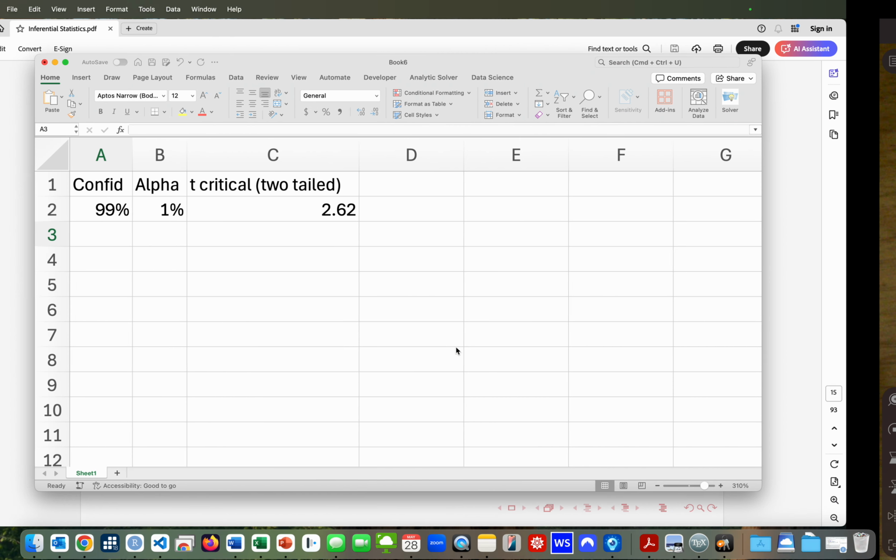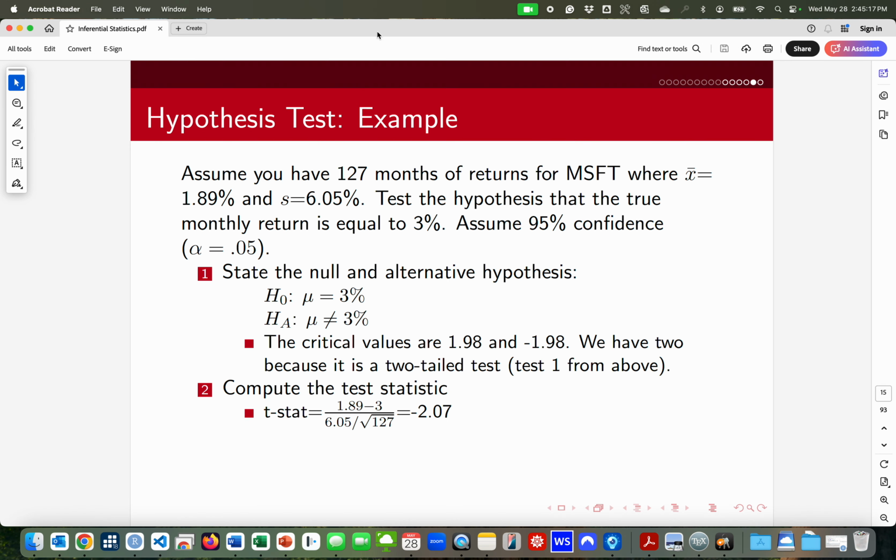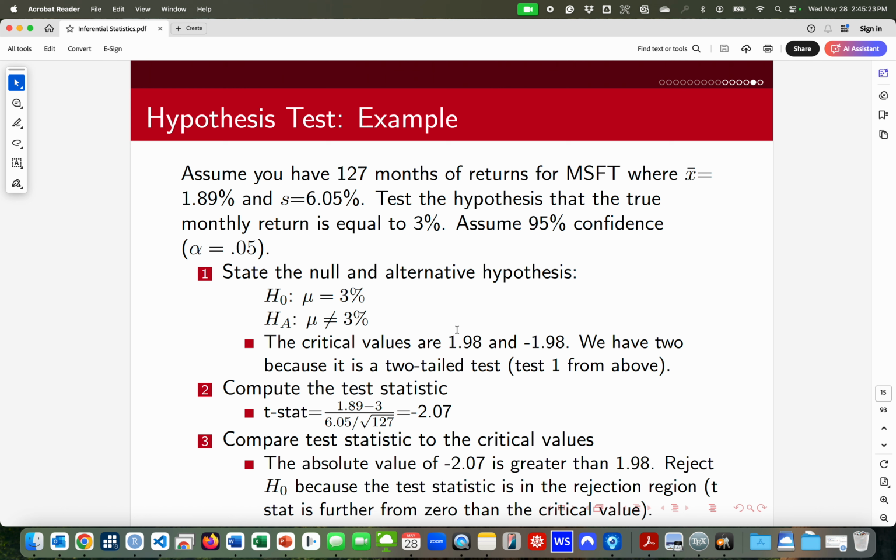The only thing that you can change post-data collection is the level of confidence that you choose. So in this case, with 95% confidence, we reject the claim. But if we were to increase the level of confidence to say 99, we fail to reject the claim. So a couple things to keep in mind when you're doing hypothesis testing.